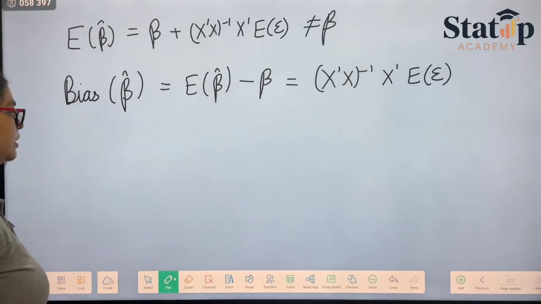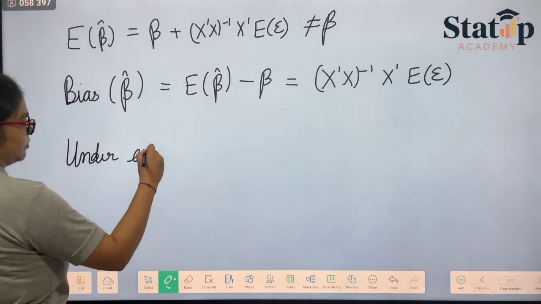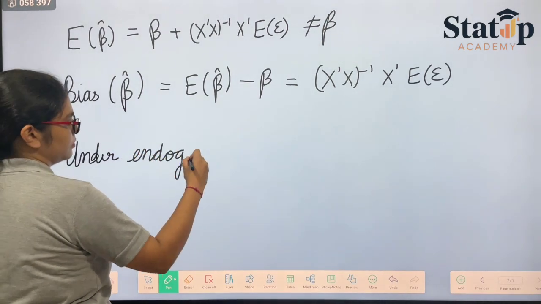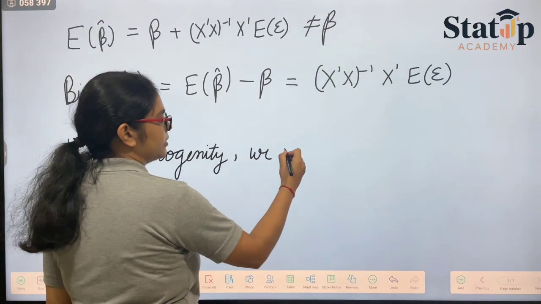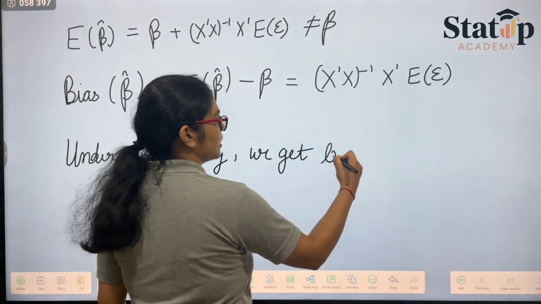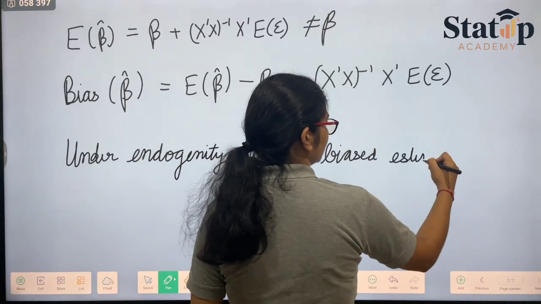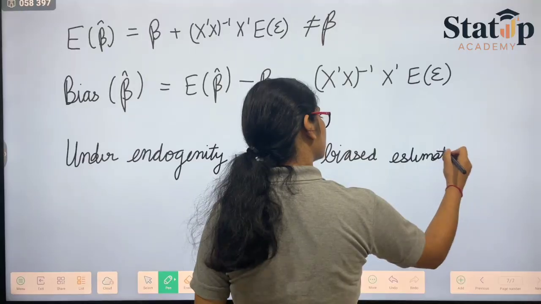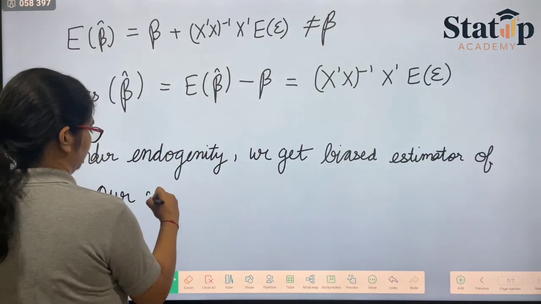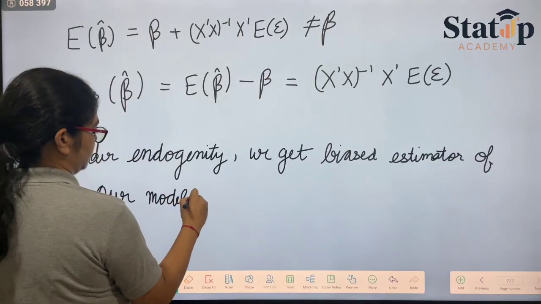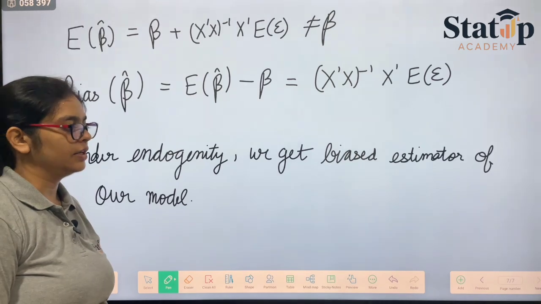So all of this tells us that under endogeneity, we get a biased estimator of our model. So endogeneity affects unbiasedness of an estimator.